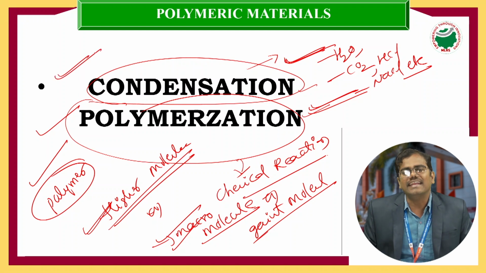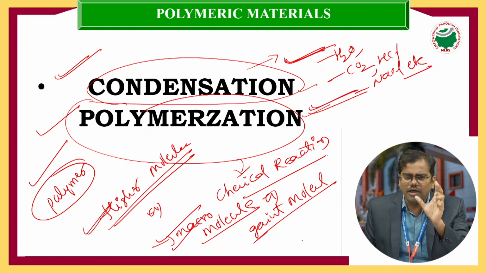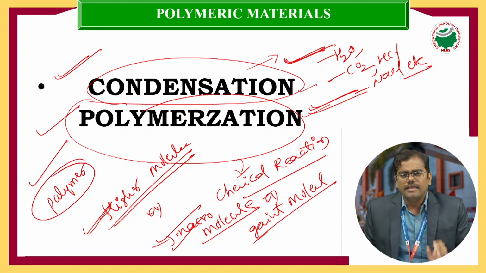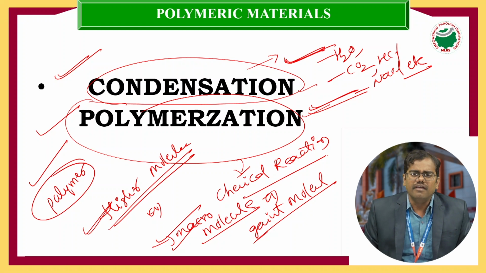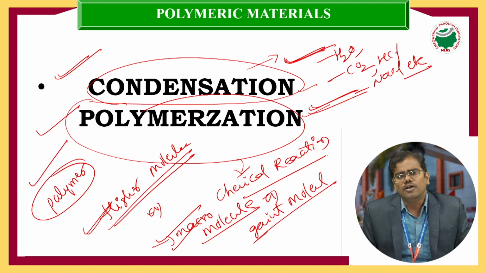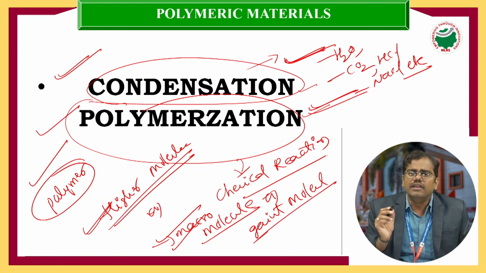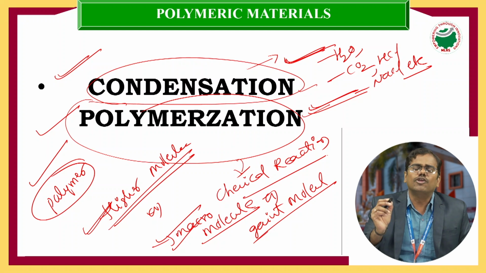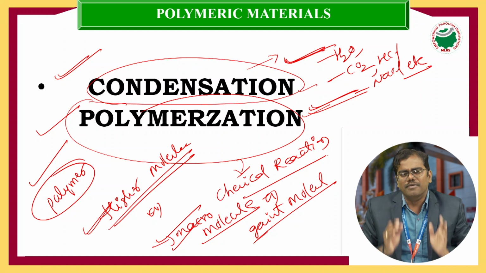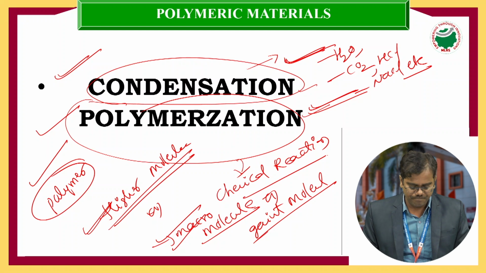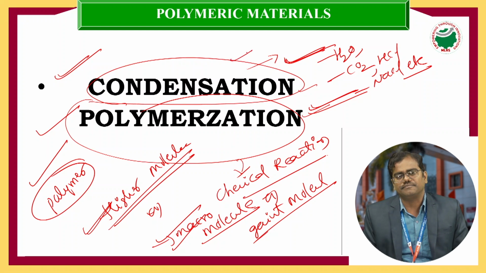So finally, once again I am repeating, guys, condensation polymerization can be defined as the elimination of smaller molecules from the monomers which contain polar groups, and finally it leads to the formation of a giant molecule, or a macromolecule, or a strong polymer, or a rigid polymer, or a tough polymer.